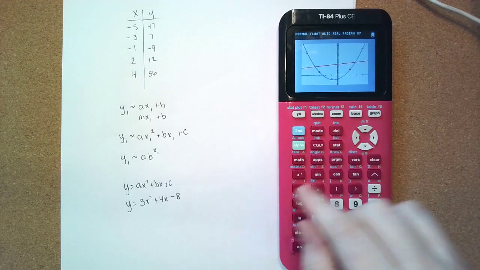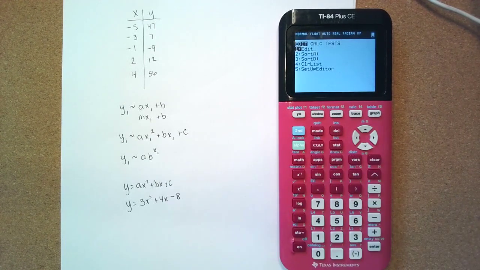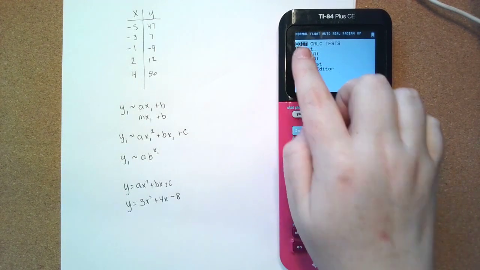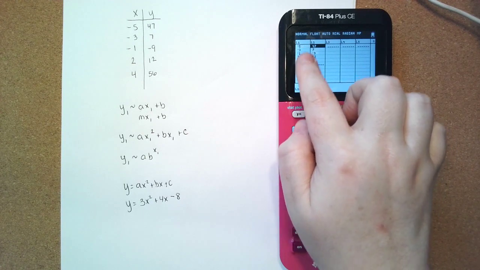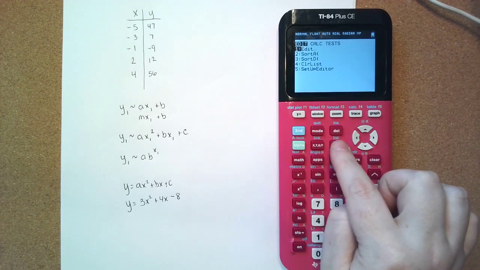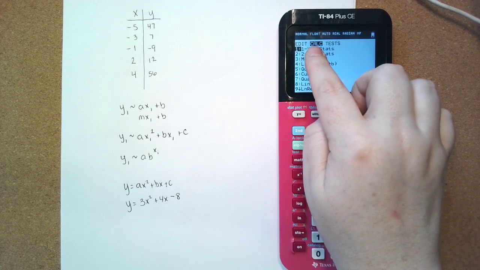So regression in your calculator is already stored for you. You just have to make sure that you have your stat. Go to stat, because that's where you're putting your statistics. You go to edit because we want to make sure our list has the x's and the y's in there. And you go back to that stat key because that's where everything is for regression. We go over to calculate because we want to find the regression equations.